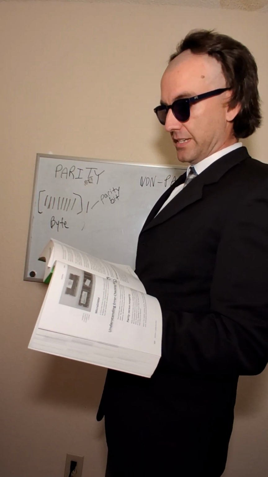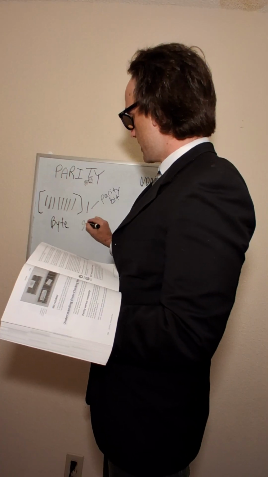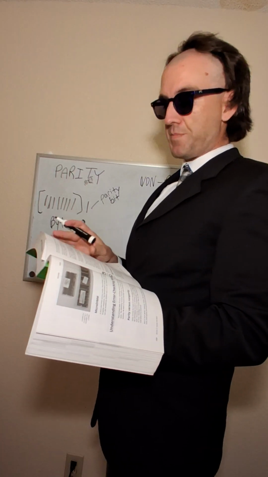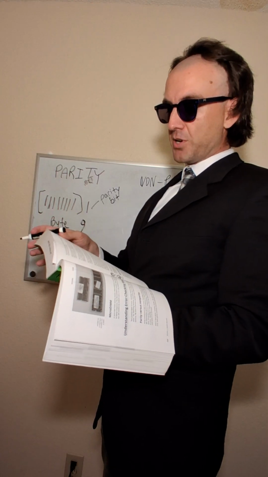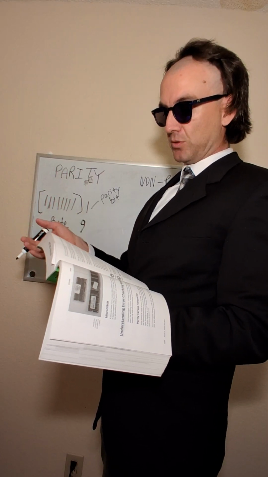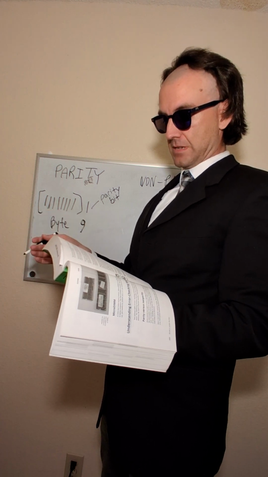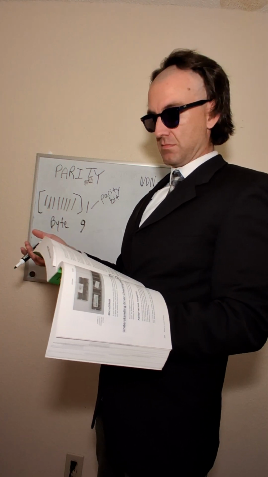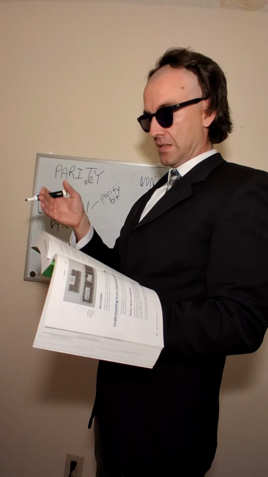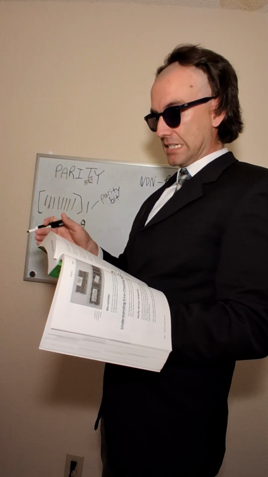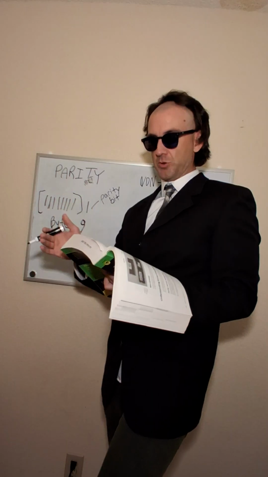With odd parity, 9 is odd. With odd parity, if an even number of data bits are enabled, the parity bit is set to 1, so that there is an odd number of enabled bits in total written to memory.